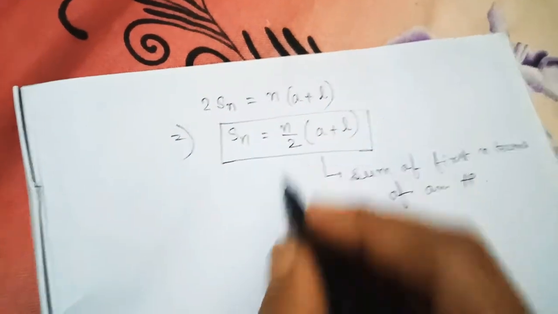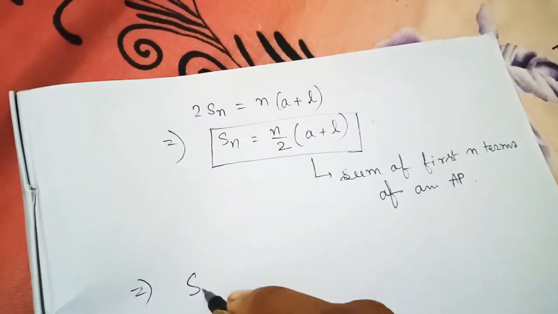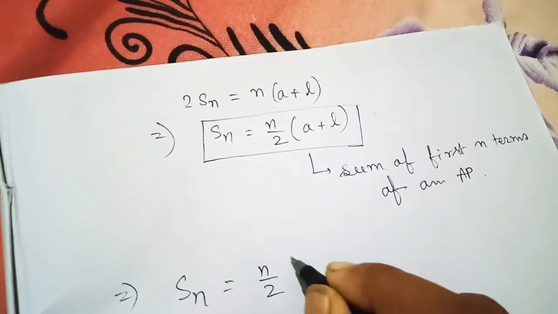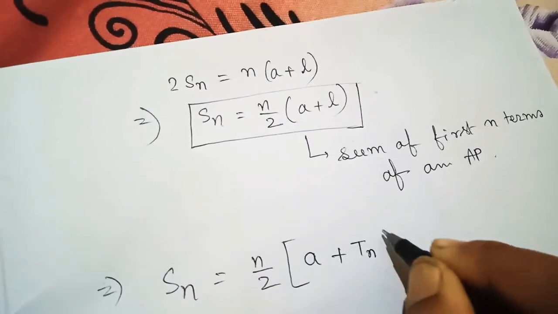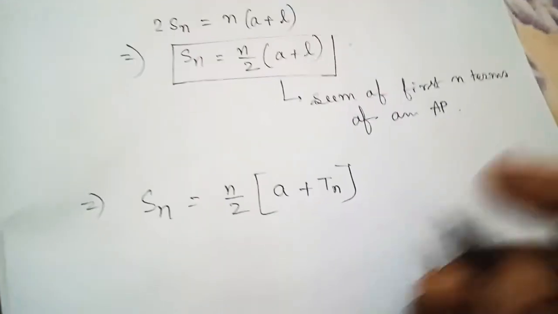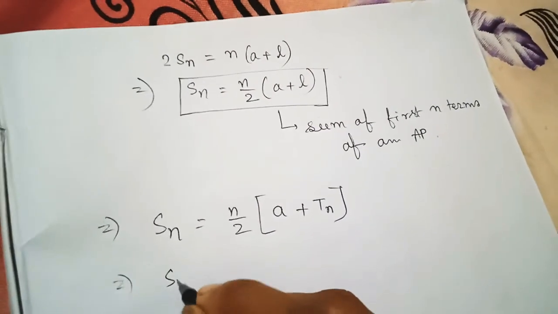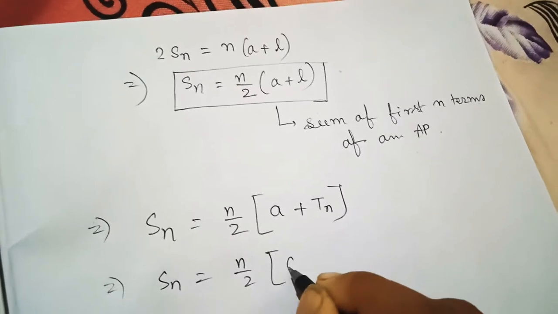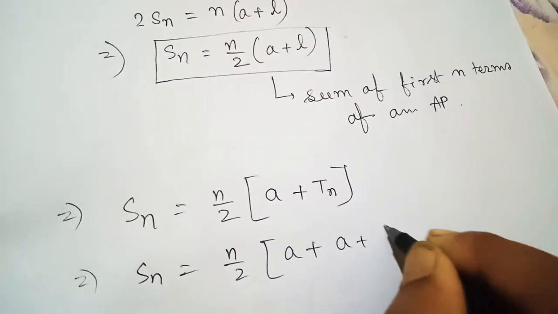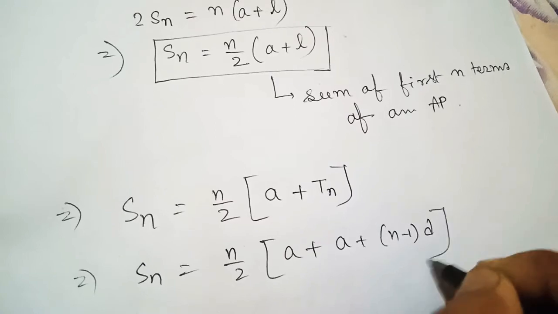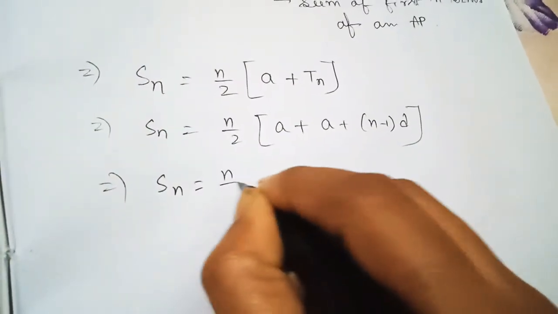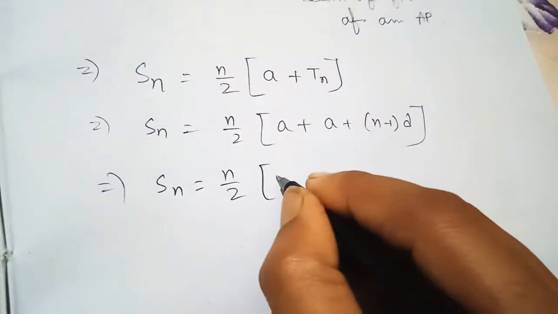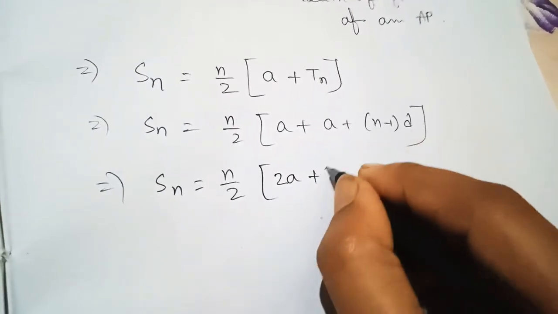Now if we expand this formula, Sn equals n by 2 (a plus L), where L we have taken as Tn. Tn's formula is a plus (n minus 1) into d. That means Sn equals n by 2 (a plus a plus (n minus 1) into d), that is, Sn equals n by 2 (2a plus (n minus 1) into d).